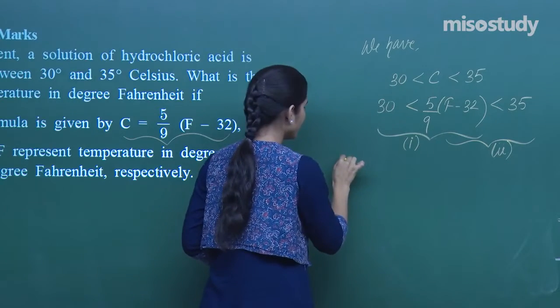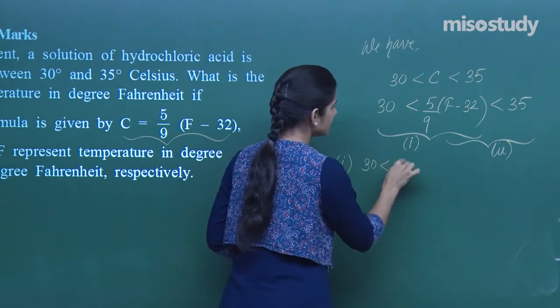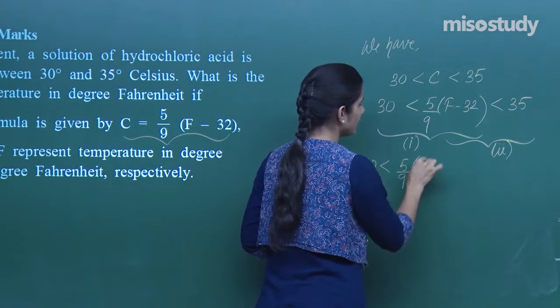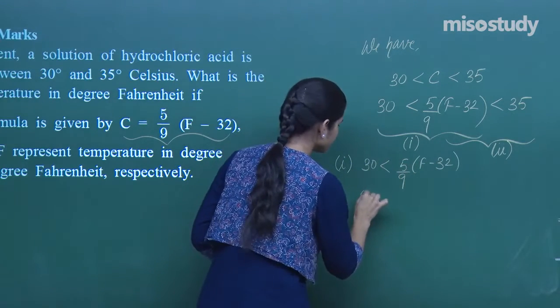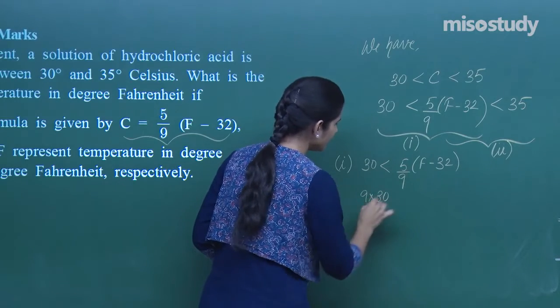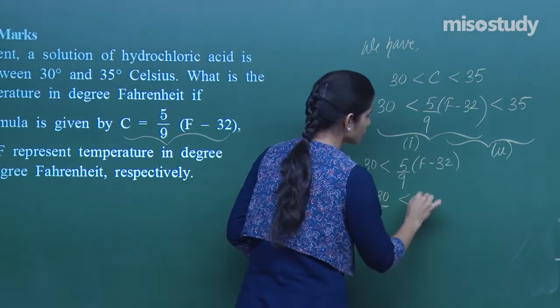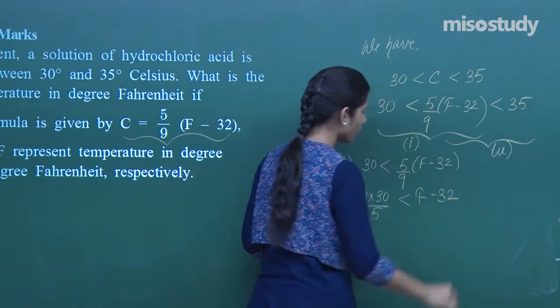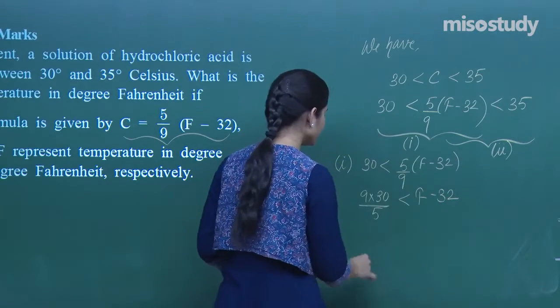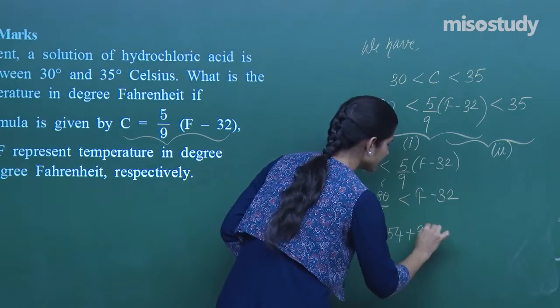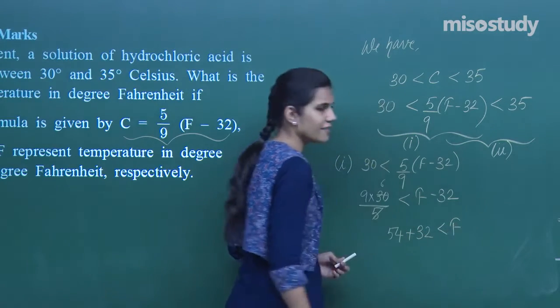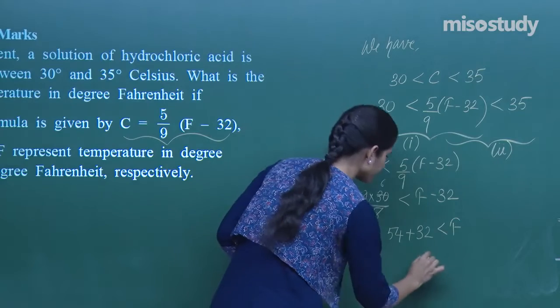If I talk about 1, I have 30 is less than 5 by 9 F minus 32. 9 is multiplied both sides. I have divided by 5 both sides. So now you are left with this. Inequality doesn't change at all, they are positive. 54 plus 32 is less than F because I have added 32 both sides.